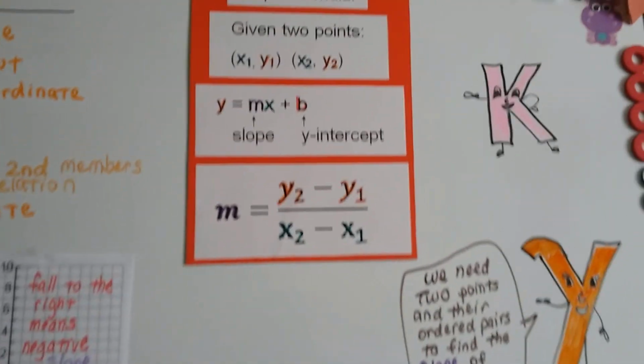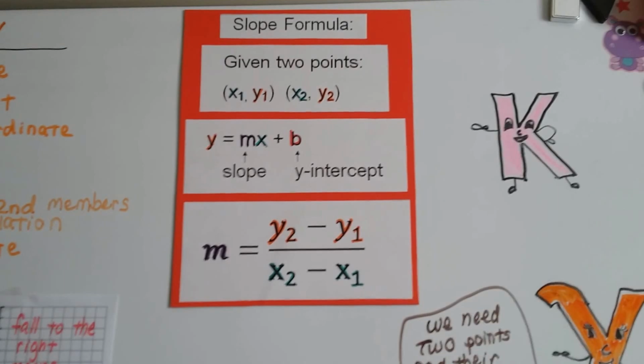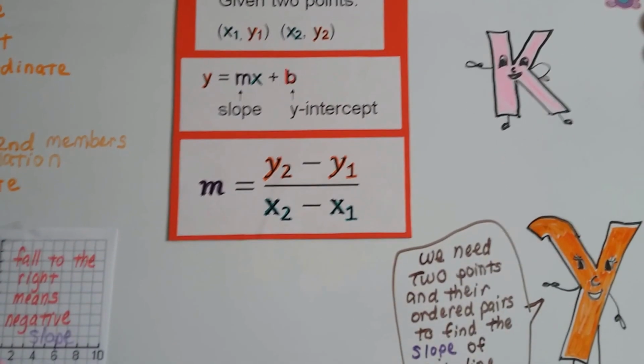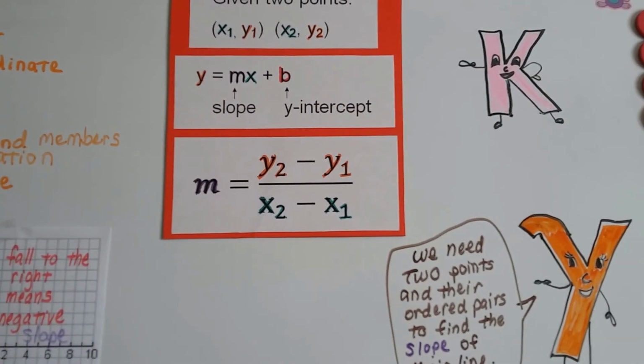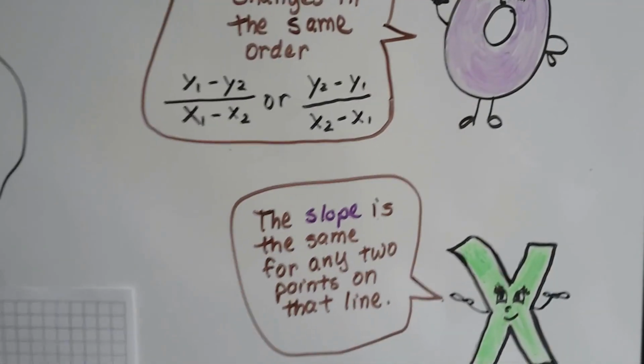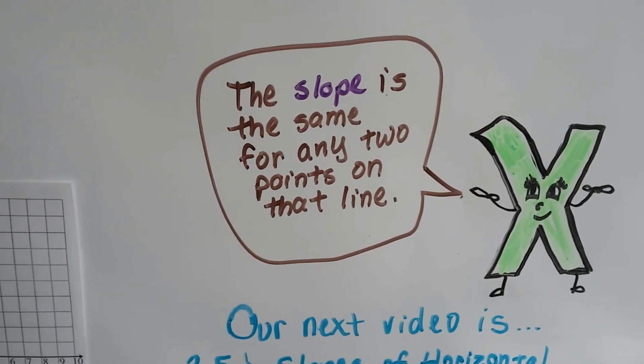So that is the slope formula. And from the two ordered pairs from 2 points on a line, we can find what the slope is. We need 2 points and their ordered pairs to find the slope of the line, okay? And the slope is the same for any 2 points on that line. You could choose any 2 points, okay?